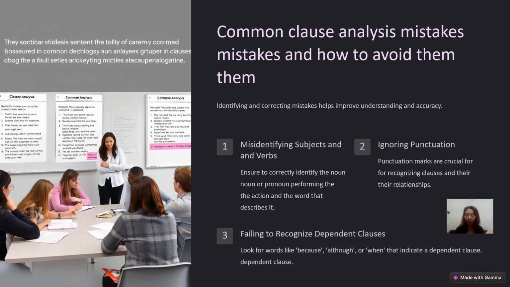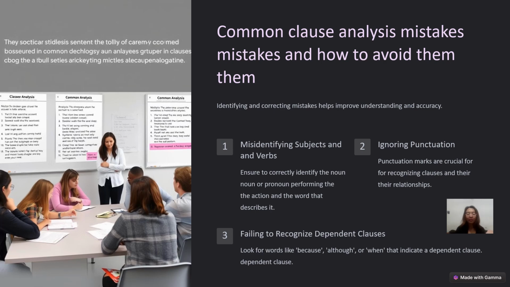I need not explain this, as it is clearly given here and is what I taught you in the previous video. The first mistake is in identifying subjects and verbs. We need to correctly identify the noun or pronoun performing the action and the word that describes it. This we have already done.